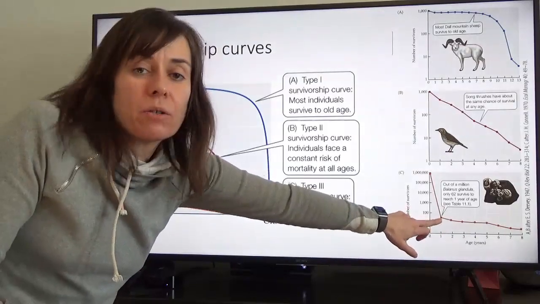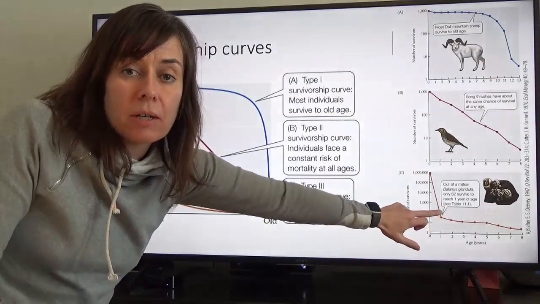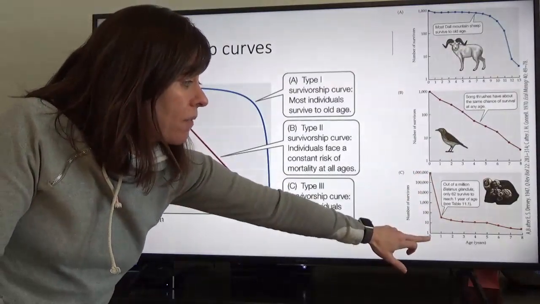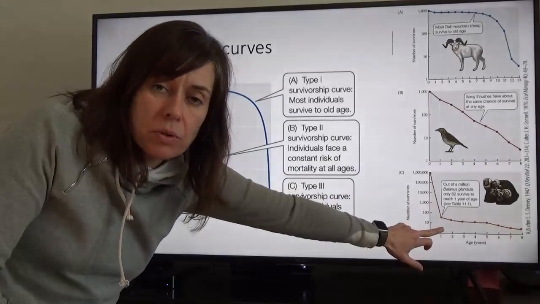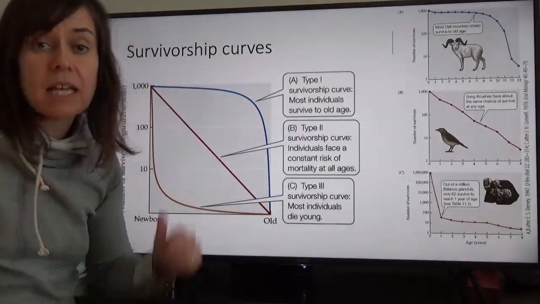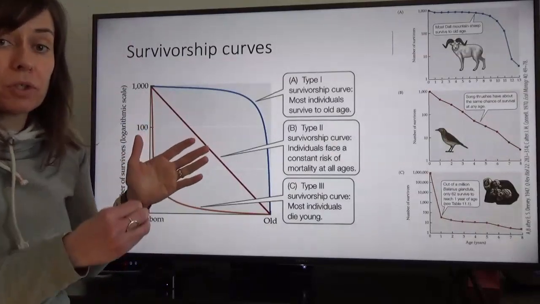I know, because we're going to be talking about this population in a moment, that only 62 out of a million offspring produced reach 1 year of age. So a really rapid reduction in population size from one time interval to the next.